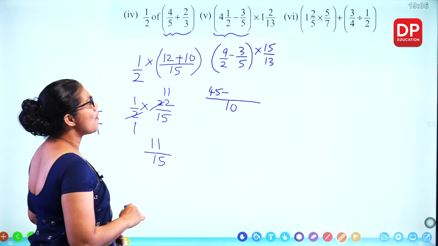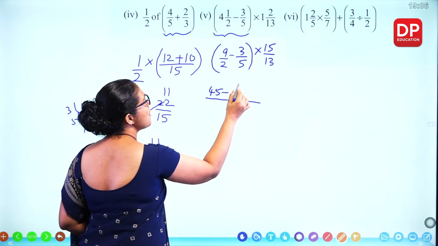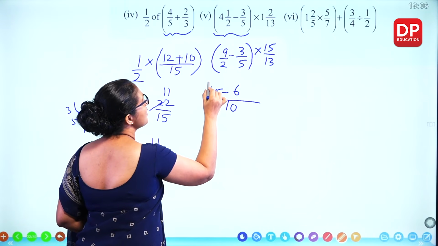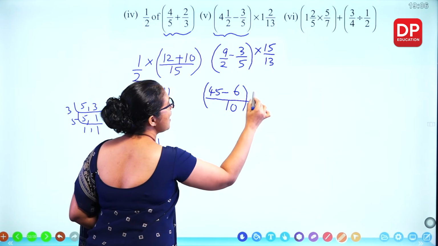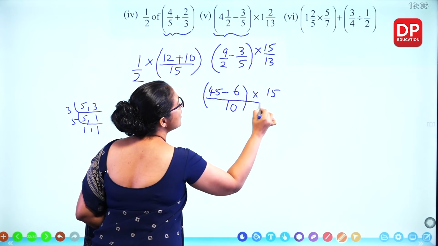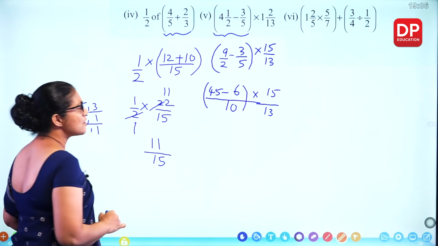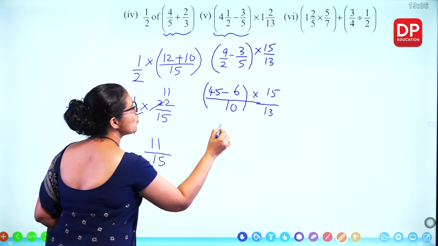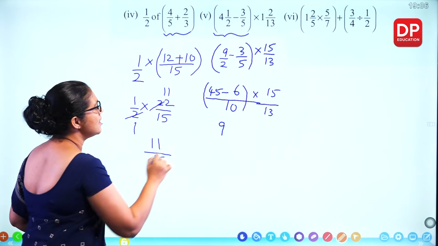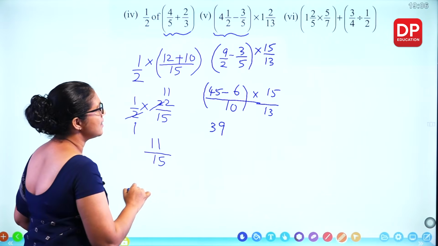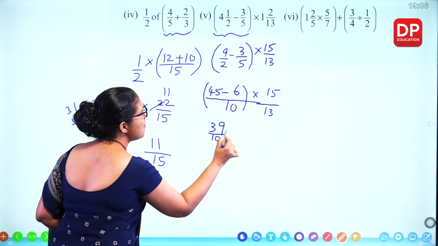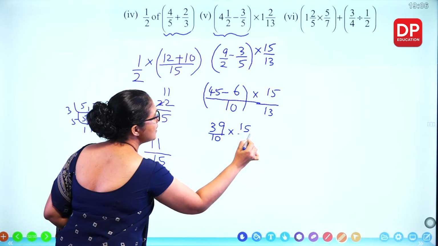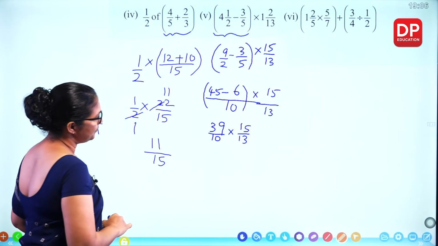How do you get 10 from 5? Multiply by 2. 2 times 3 is 6. And then multiply this by 15 over 13. So simplify the numerator. 45 minus 6. So you get 39 over 10 multiplied by 15 over 13.